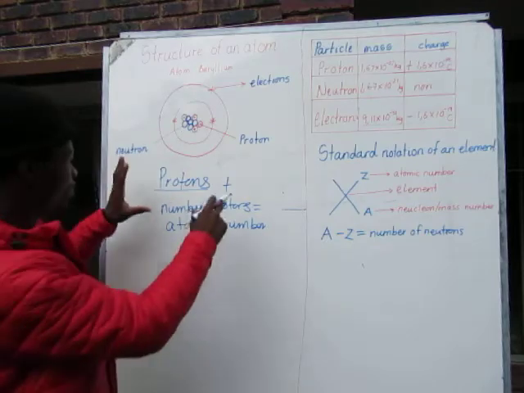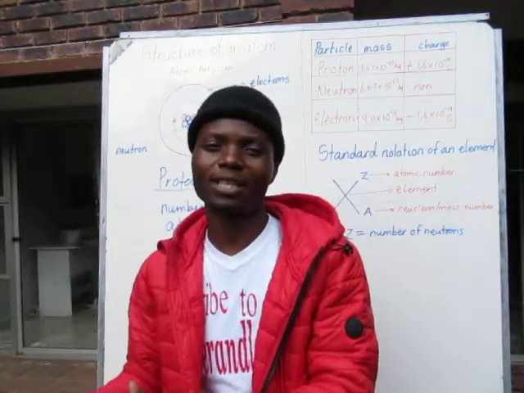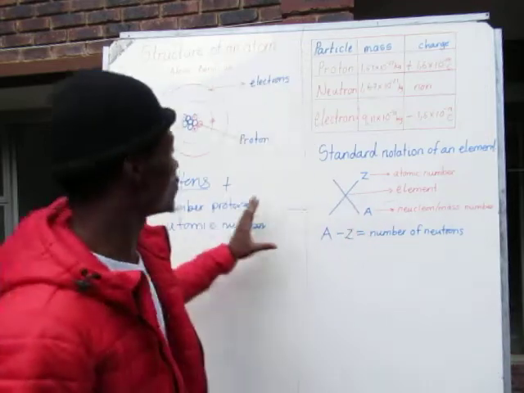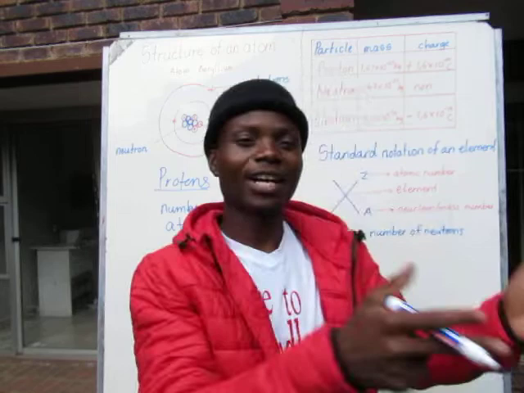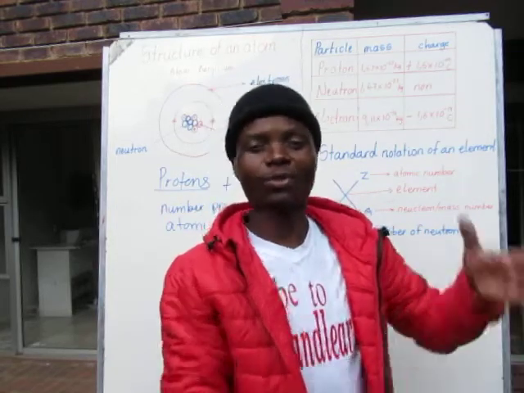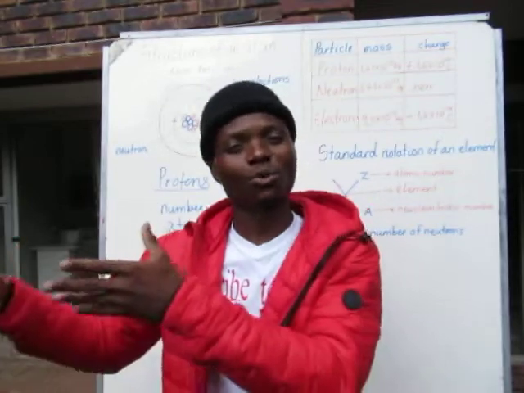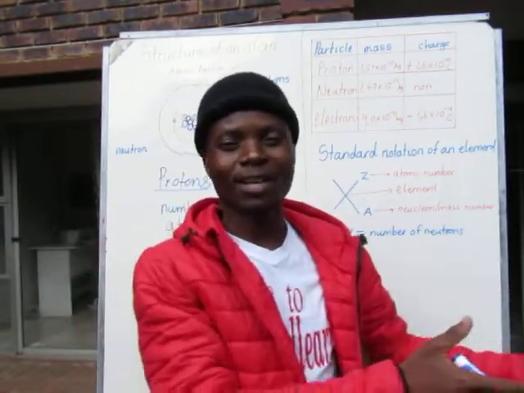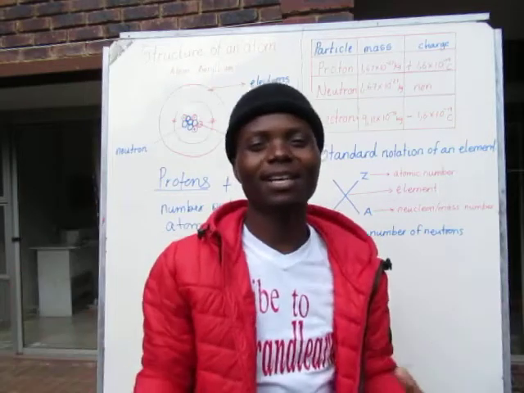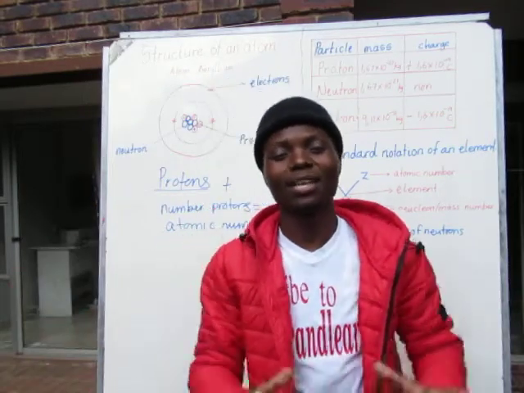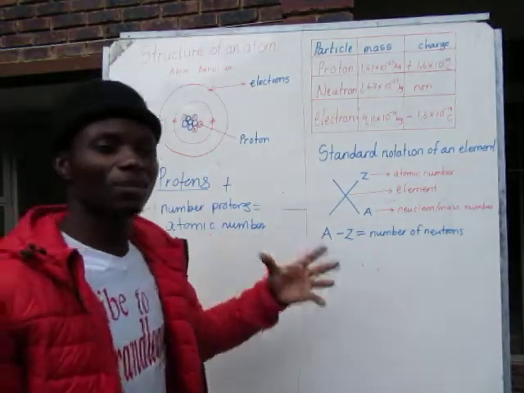And we should also know that all the elements that we see on the periodic table are arranged according to the proton number. That means the first element on the periodic table, being hydrogen, has 1 proton, so it's in position number 1. The second element, being helium, has 2 protons. The third one, being lithium, has 3 protons. So all the elements on the periodic table are arranged according to the proton number that we call the atomic number.